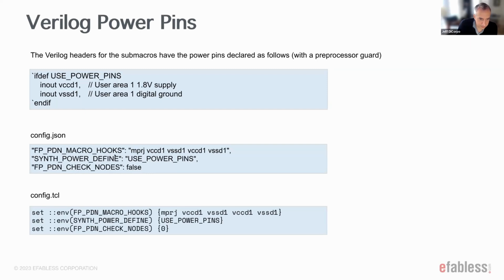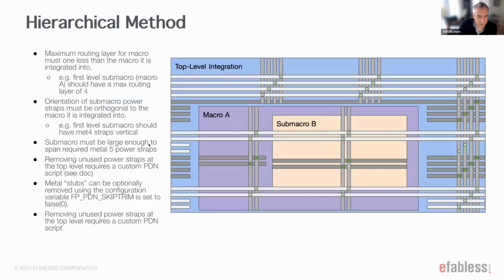So these three settings are important in your config.json. This is the example of the Tcl implementation of that if you're using config.tcl for OpenLane. Again, we'll take a look at some examples of that here shortly.